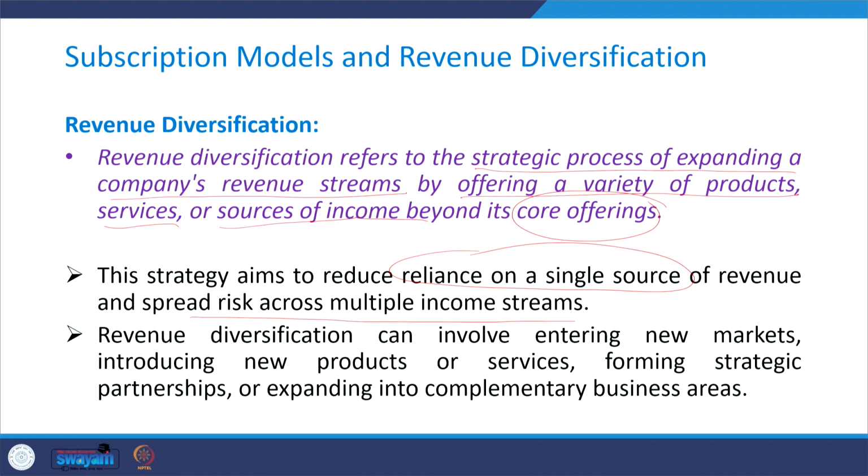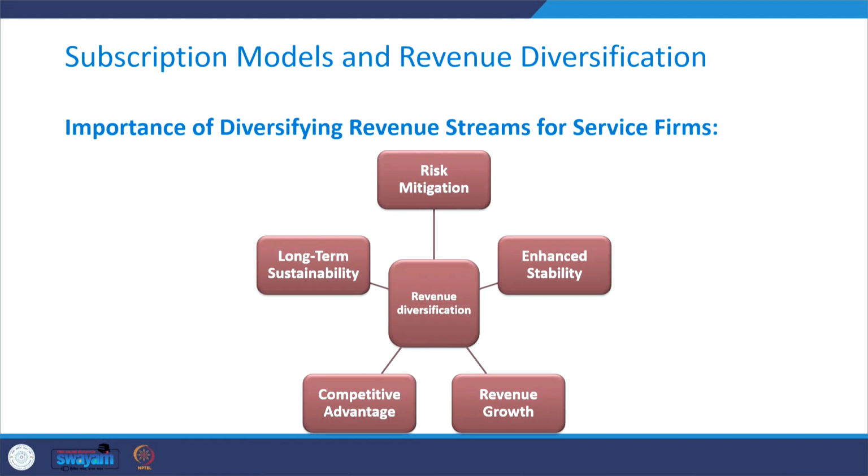Revenue diversification can involve entering new markets, introducing new products or services, forming strategic partnerships with other brands or service providers, or expanding into complementary business areas. So let's discuss some reasons why diversification of revenue is important for any service firm.